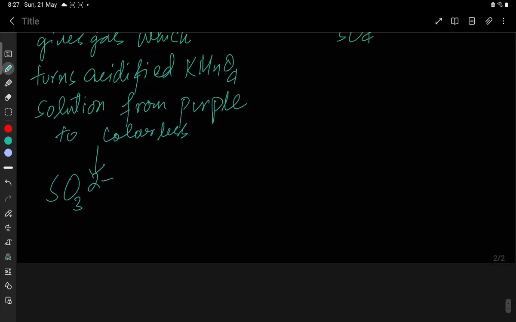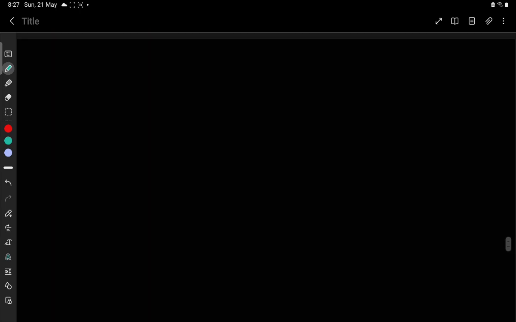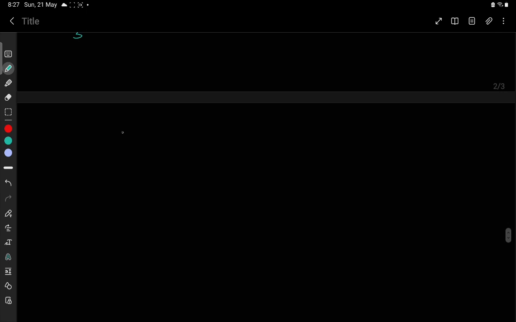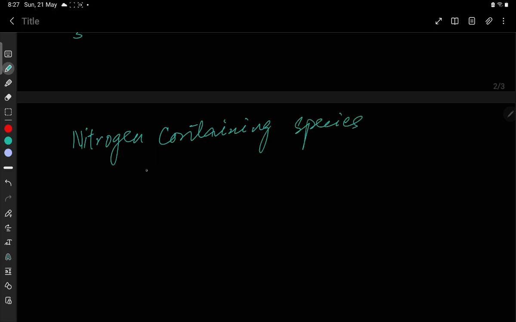There are two species which contain nitrogen atoms, nitrogen-containing species: the nitrate ion and nitrite ion.